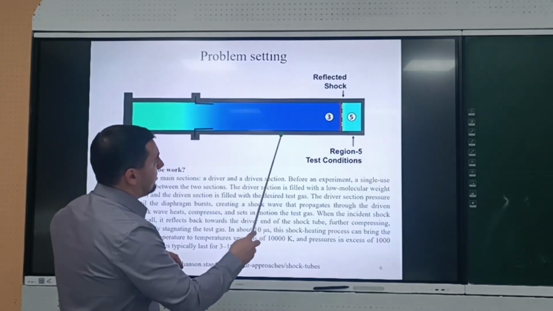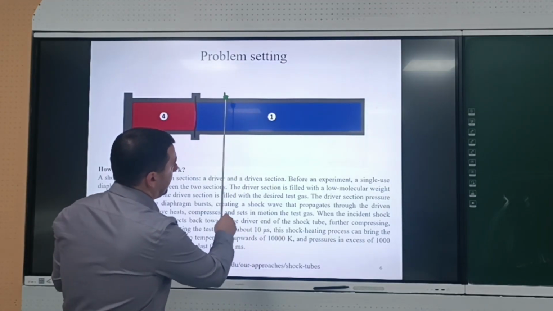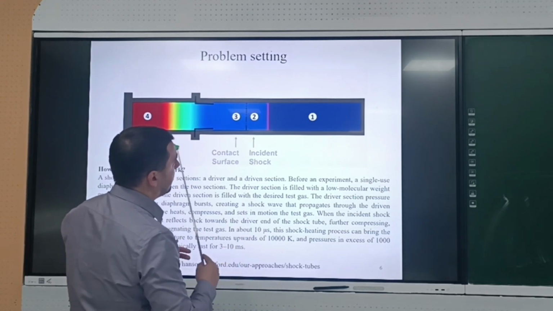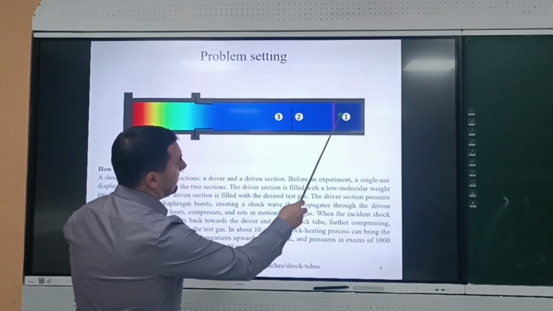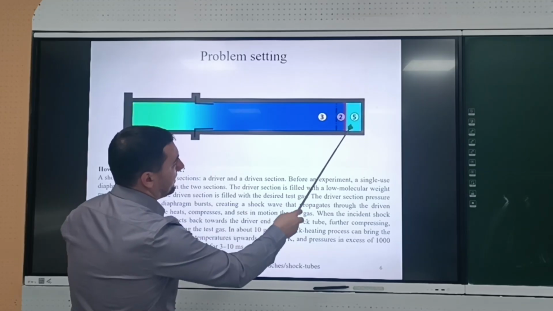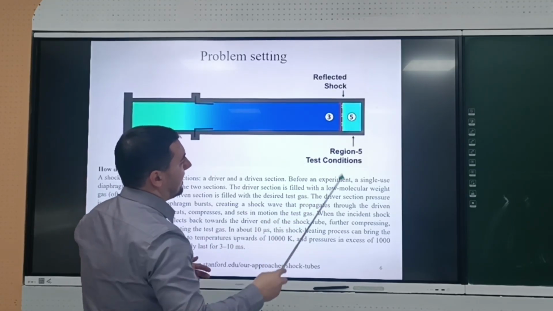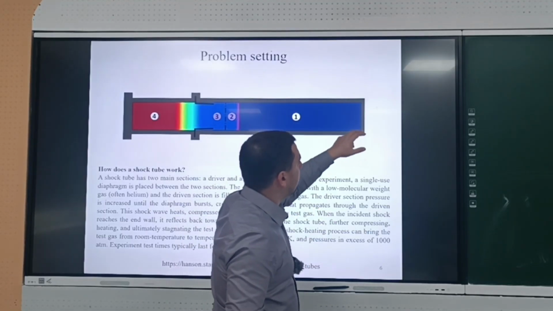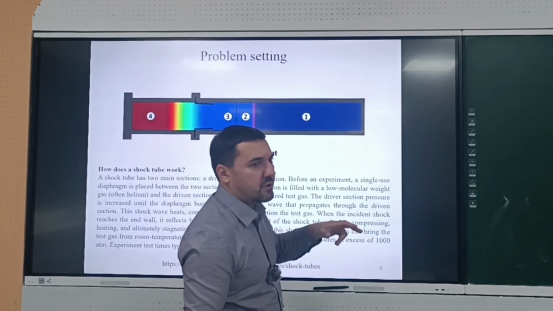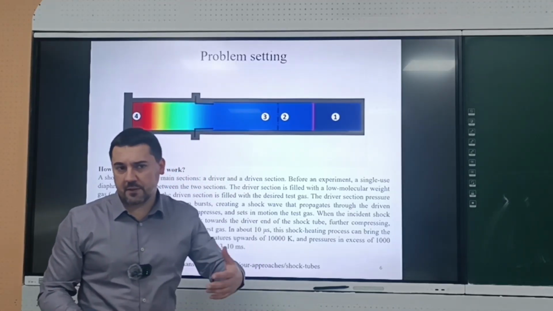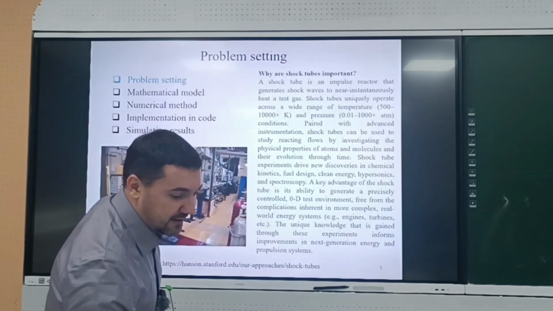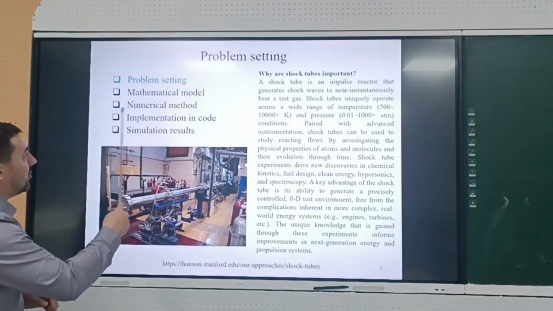The second problem is that we have boundary layers, so the shock wave will propagate, and in reality we'll have growing boundary layers, and the shock wave will reflect from this boundary, it will interact with boundary layers, and experimentalists know that very often the ignition can occur not here, but near the walls of the shock tube. So there are different difficulties, and this is also about the mathematical model.